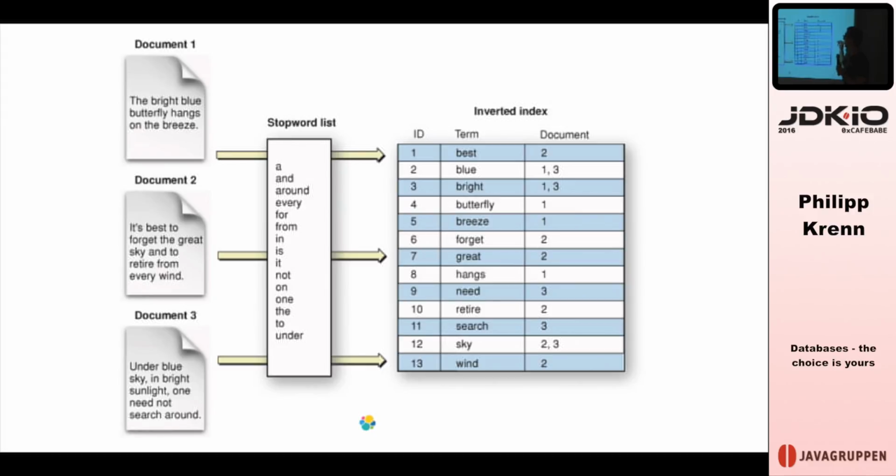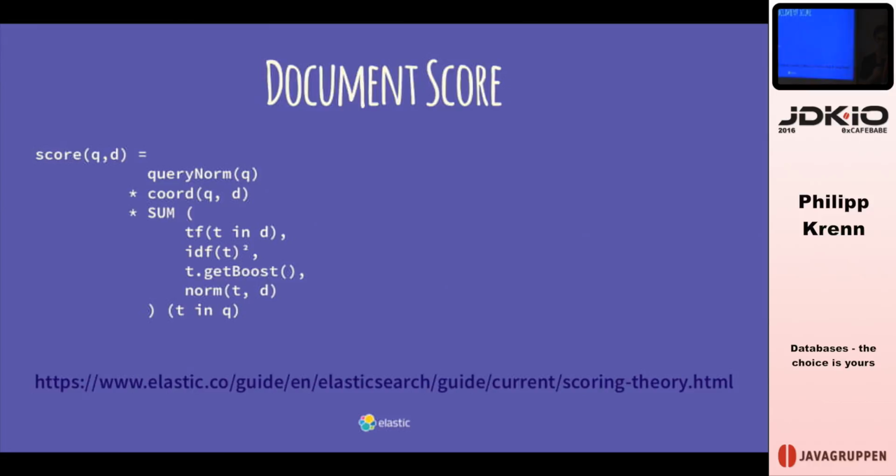Or if you say, I want to get all the documents where blue sky appears, then you see blue appears in document 1 and 3, sky appears in document 2 and 3. So if I search for blue sky, I only get the document 3. And since you have extracted all these words, you can simply look that up in the list, simply connect, if you search for multiple terms, like which documents contain all of these words, and then you get back what you have searched for.